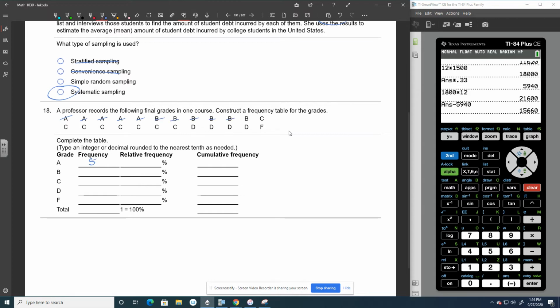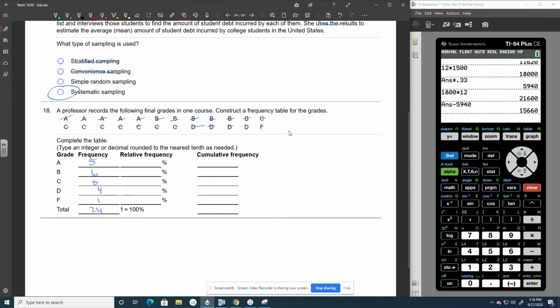I got 6 B's, 8 C's, 4 D's and 1 F. In total, that's 11, 19, 20, that's 24 people. So we have 24 total people.